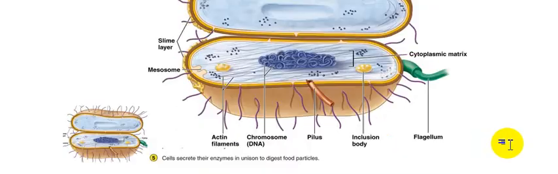You can see a few ribosomes, and there are no organelles. This is the bacterial chromosome, one circular DNA molecule, and this is the nucleoid where the bacterial chromosome is found.